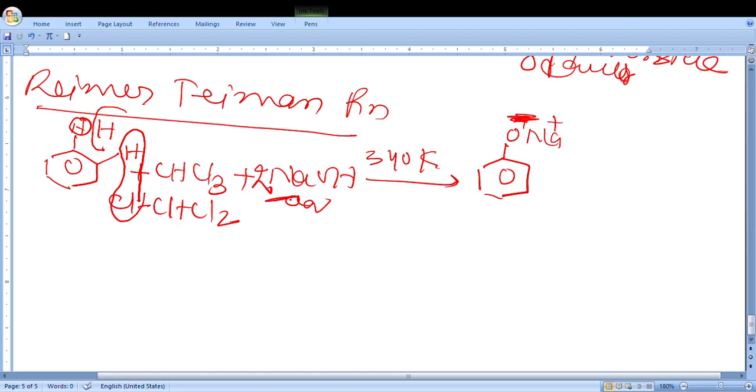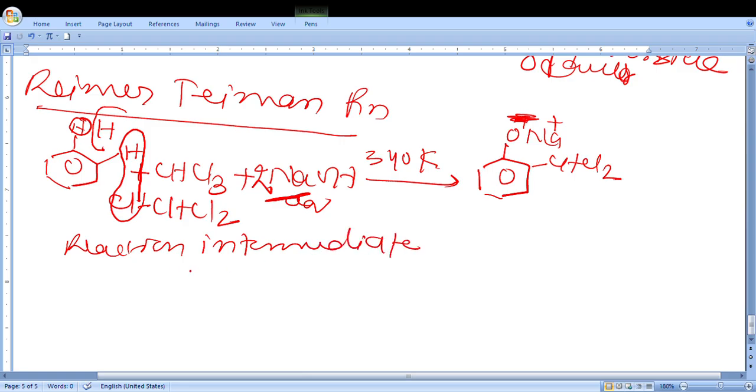And one Na gets attached with oxygen to form sodium phenoxide, and CHCl2 will combine with this one. So here the reaction intermediate is CHCl2, the reaction intermediate of the Reimer-Tiemann reaction.